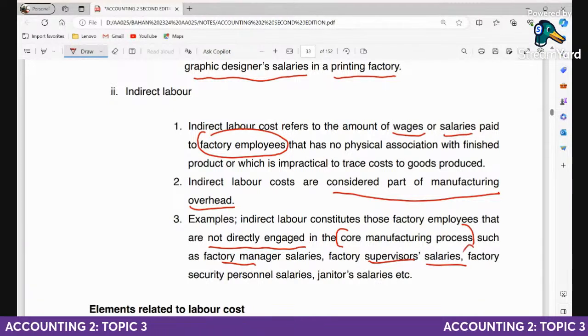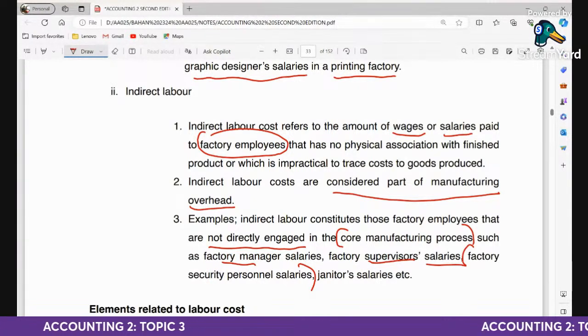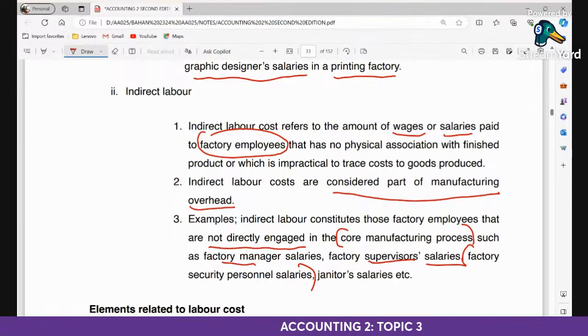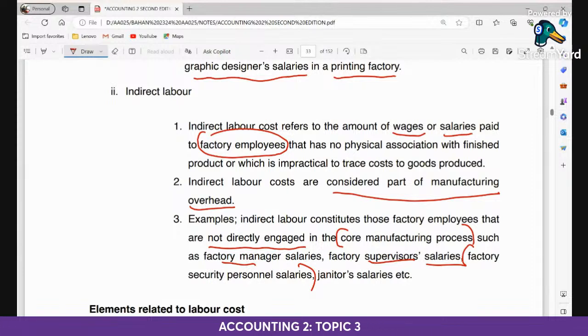Dekat depan kilang tu ada orang jaga kan? Adik manis mau masuk kerja kah? So yang jaga depan kilang tu adik manis tu, that is your factory security. So the factory security personnel is also paid salaries. So the amount of salaries that is paid to the personnel is actually your indirect labor cost.